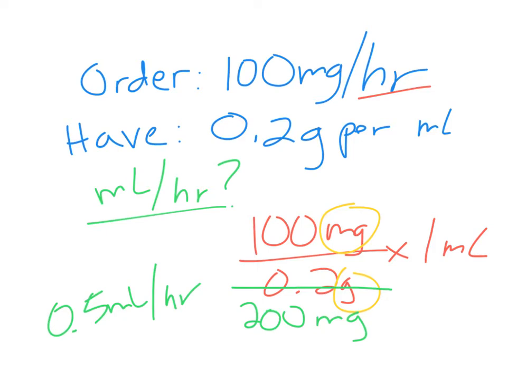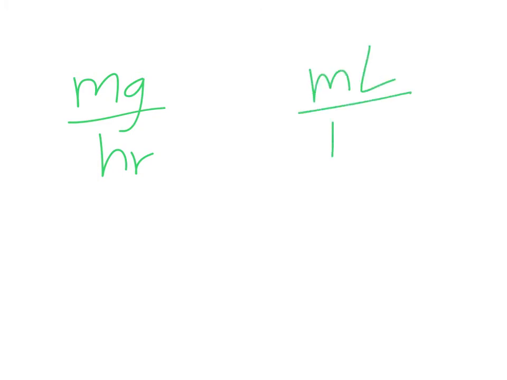So see what we're doing here? A way to think about this: here's what we have right now, milligrams per hour, and I want to know what that is in milliliters per hour. The great thing is it's already per hour, so we don't need to do anything there.